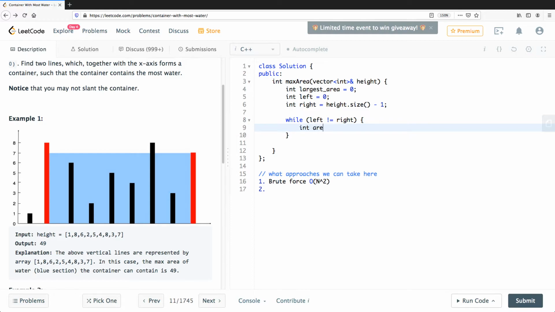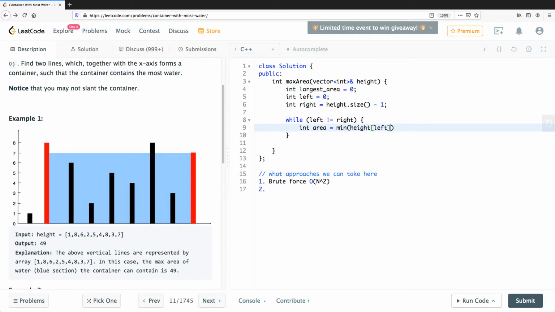So now what would be the area? A good point of C++ is that you don't have to declare all your variables in the beginning of the function. Actually, even this would have been allowed in C, where it's inside a block. So let's calculate the area. The area is going to be the min of the heights, so now we are taking these vertical lines and finding the minimum of the two.